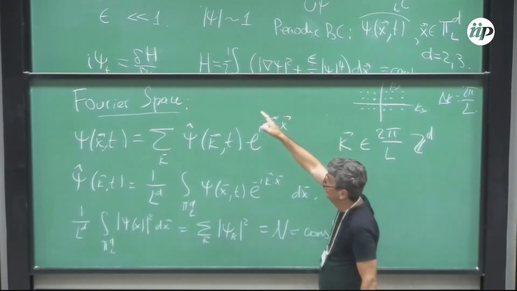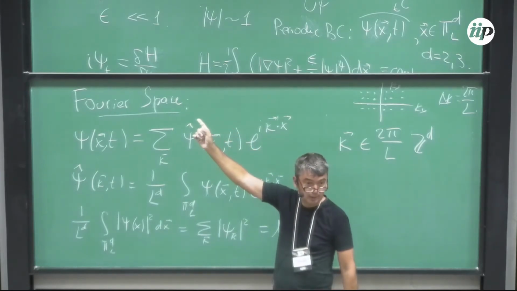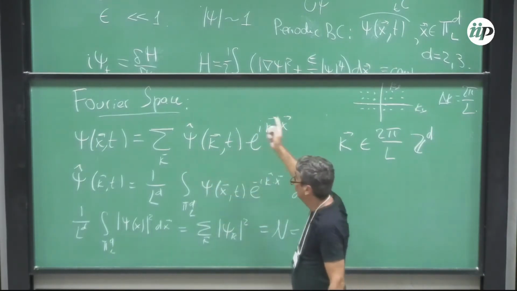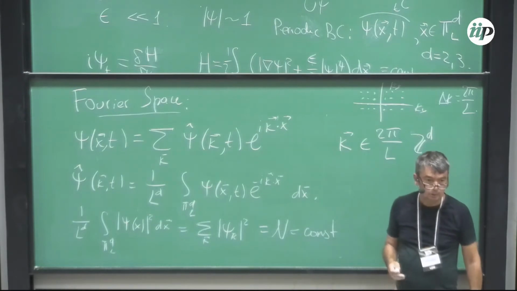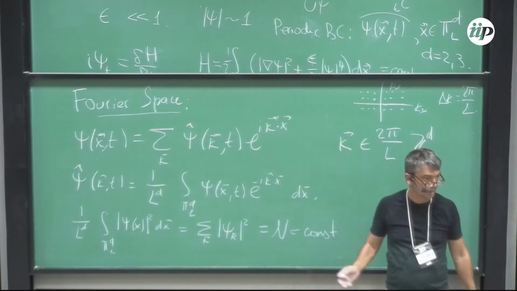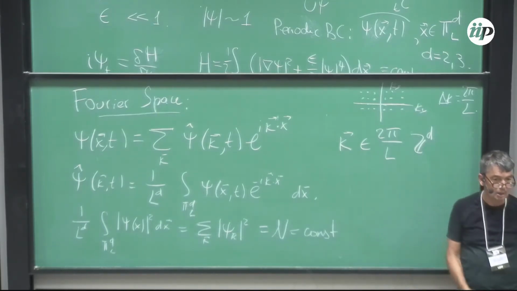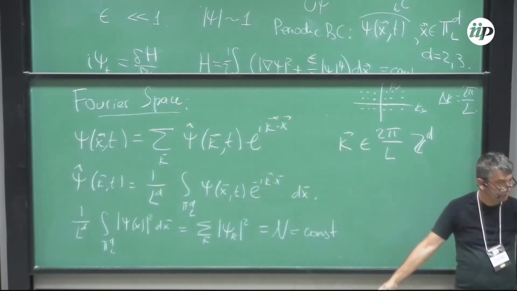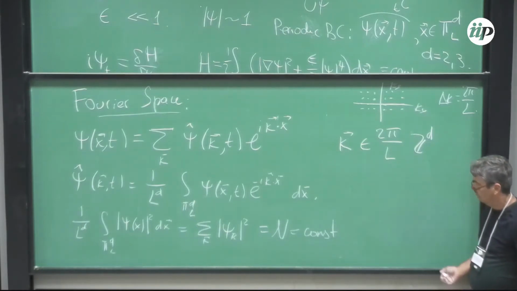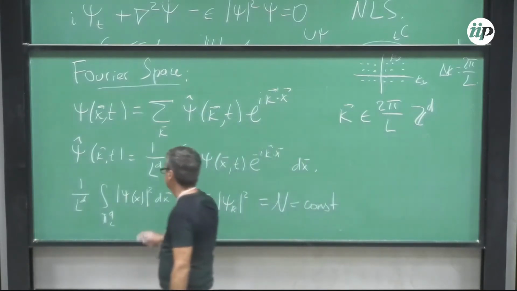You can easily check that in the original equation by multiplying the original equation by psi conjugate, adding its conjugate and integrating over the periodic box. It's conserved not only in a periodic box, it is conserved with many other boundary conditions, like decaying boundary conditions in infinite systems, or when psi goes to 0 at the walls somewhere in a finite system, and so on.